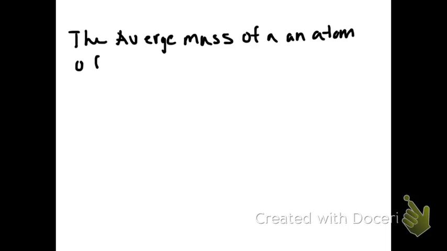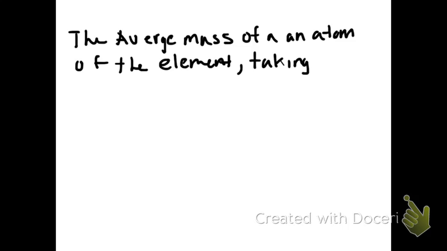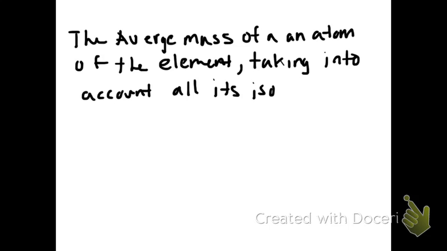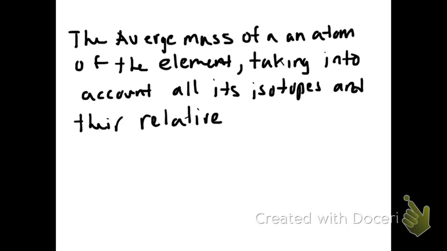Essentially, it's the average mass of an atom of the element, taking into account all its isotopes and their relative abundance.